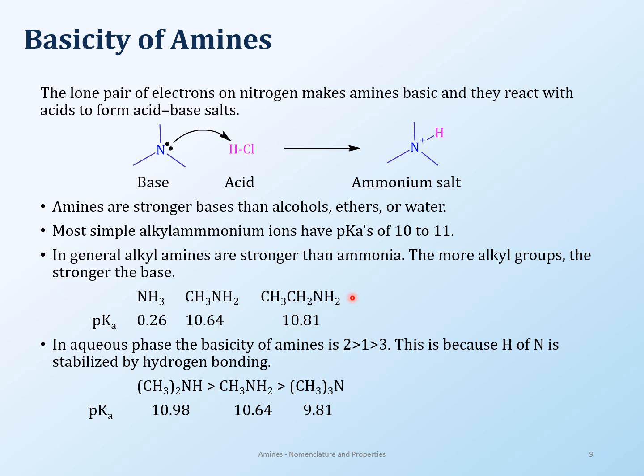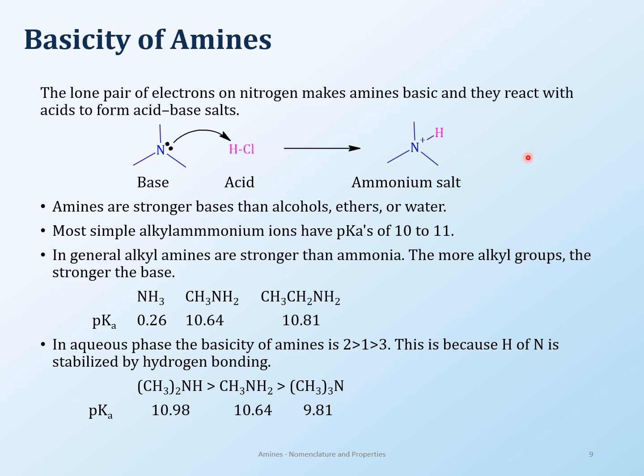Okay, so now let's talk a little bit about the basicity of amines. Basicity of amines comes from the fact that there is nitrogen and nitrogen has the lone pair of electrons. So this becomes a very good Lewis base. It gives electrons. So here is the acid HCl, here is a base, and there's what you end up forming.